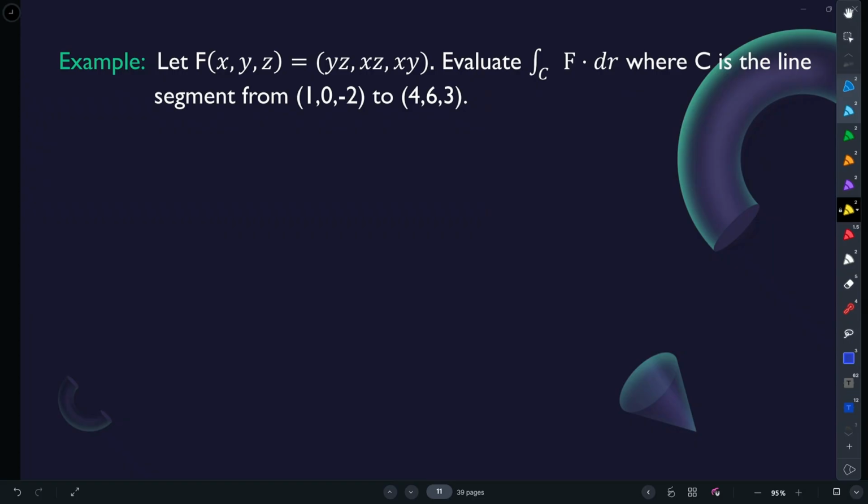If F is conservative and it has the properties of the fundamental theorem, continuity and differentiability and so on, which the path is a straight line, the function is perfectly continuous, the vector field is all continuous functions. So the question is, can I find a function such that this vector field is the gradient of that function?